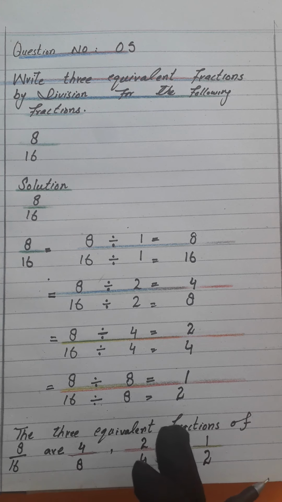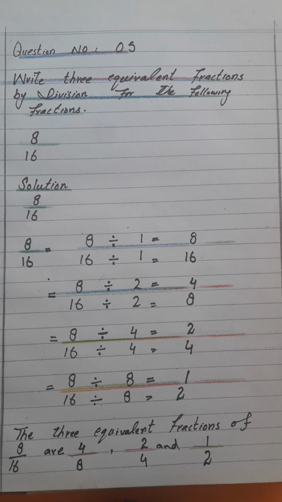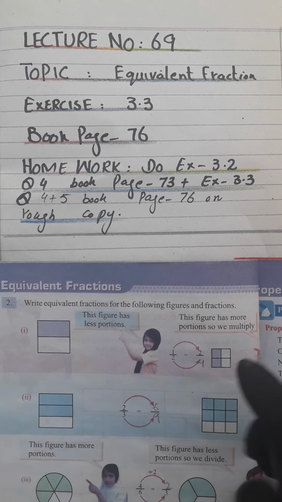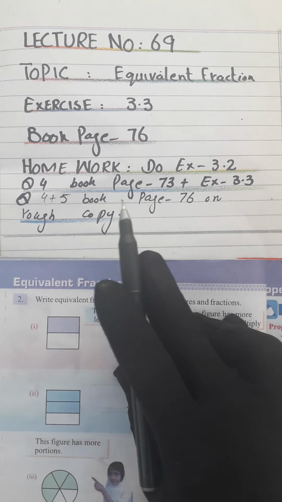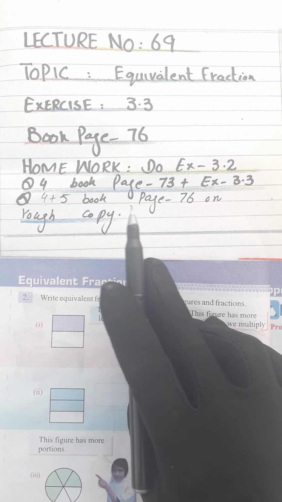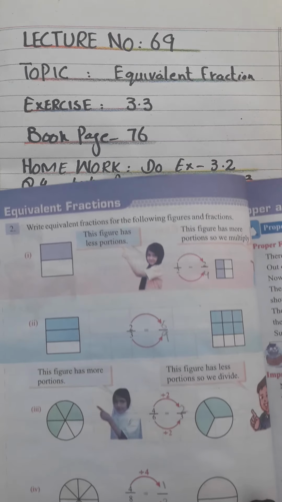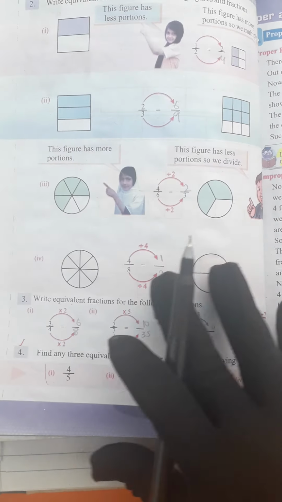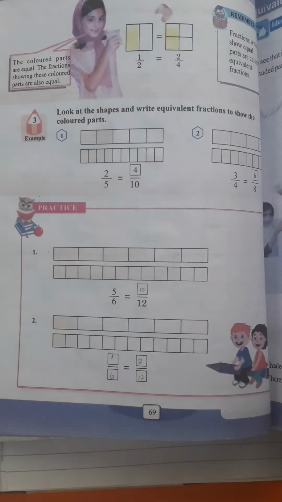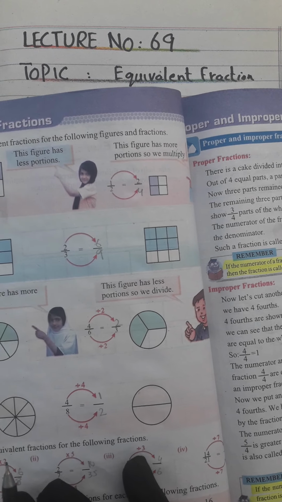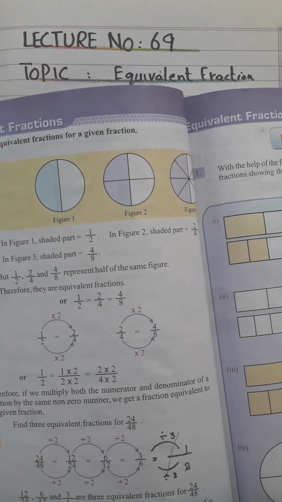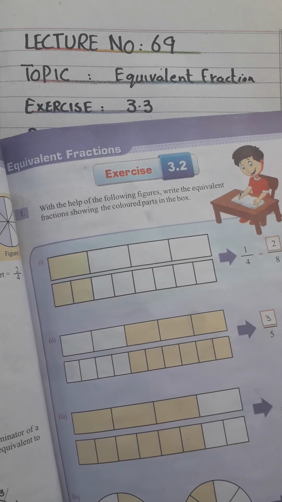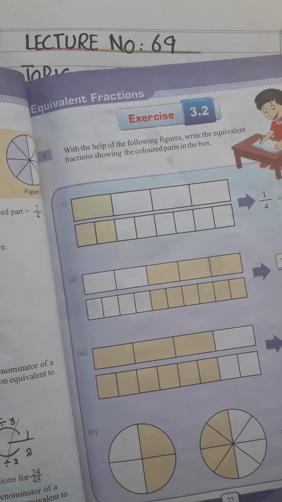Okay, but clear, students? Now move toward your homework. Again, your homework is do exercise 3.2 question 4, book page 73. You people just look into your book. This is exercise 3.2. Okay, book page 73.